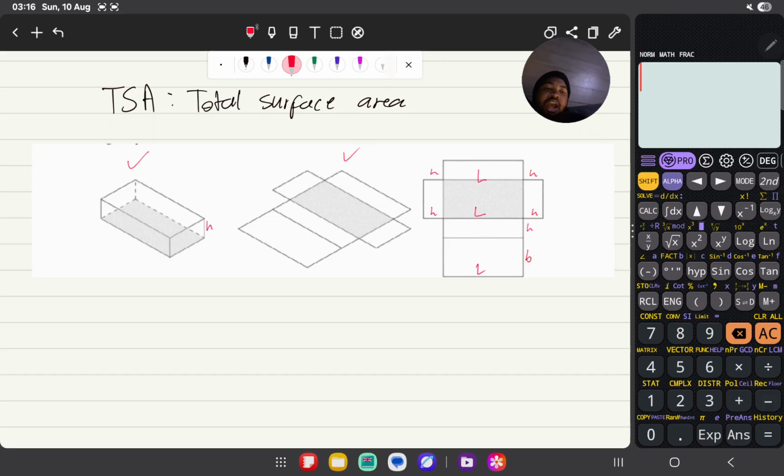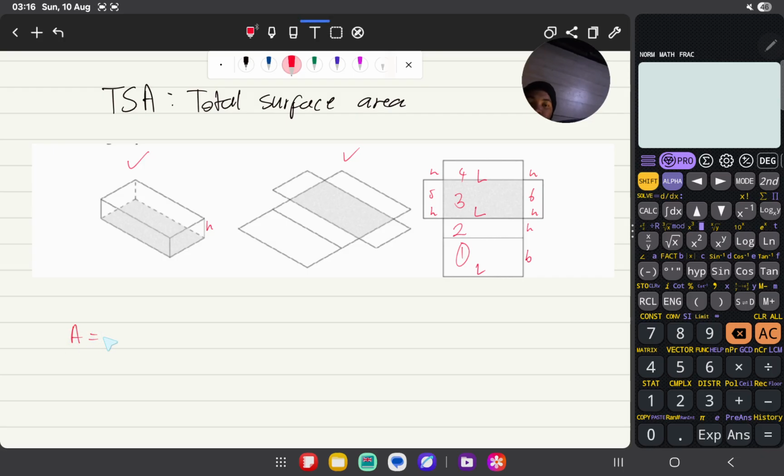So in terms of finding the total surface area, it is the area of each shape. The area of each shape. Let me name them 1, 2, 3, 4, 5, 6. So I'm gonna have the area of 6.